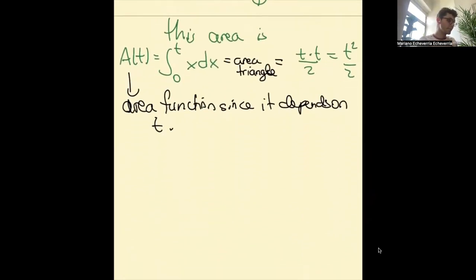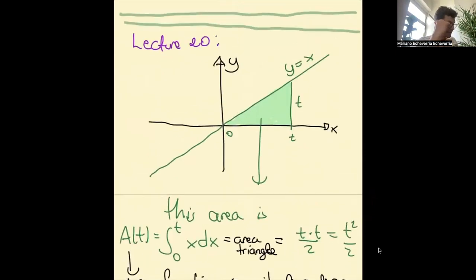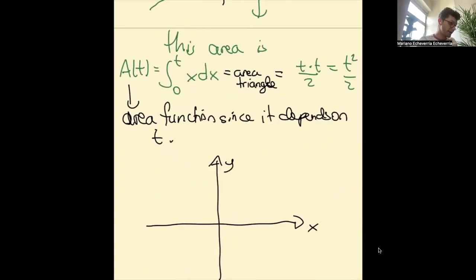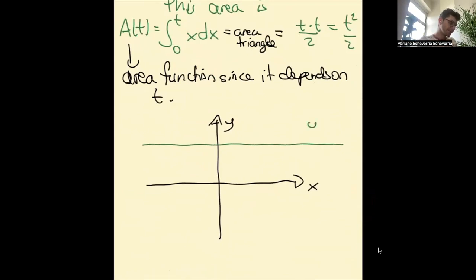Let's do another example so that you can see a little bit of a pattern. Let's say even something easier, imagine I had just given you the function y equals 3. So here's y equals 3. So the function doesn't even depend on x, right? And I ask you to find the area from 0 to t, right? So here's 0, here's t, right?